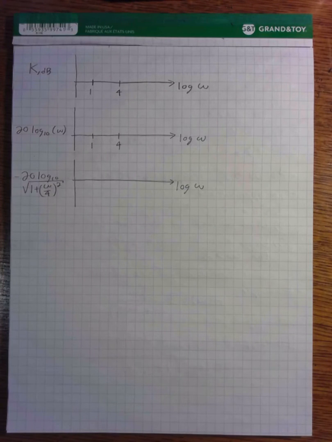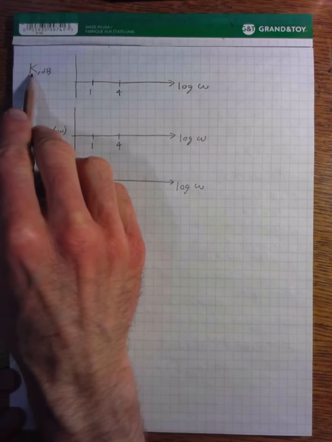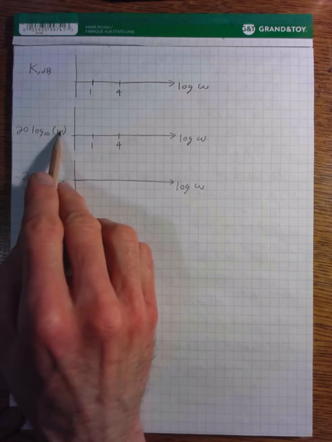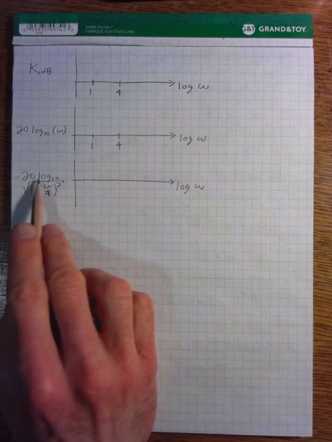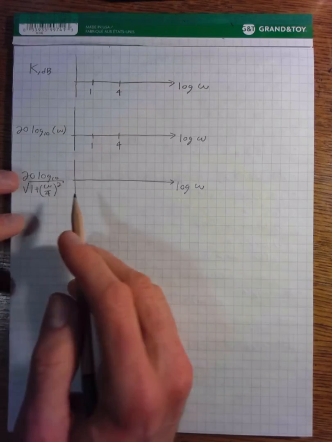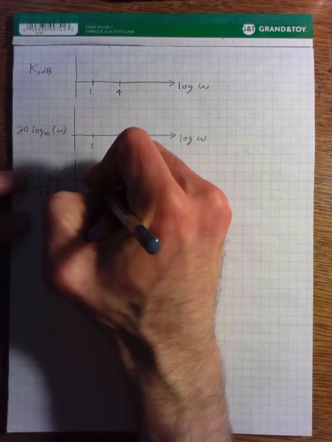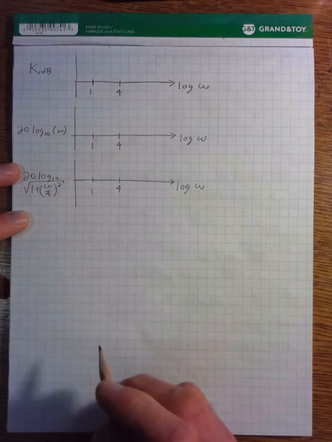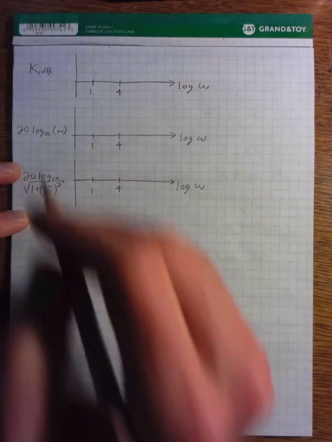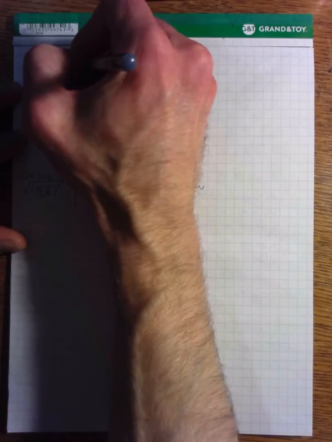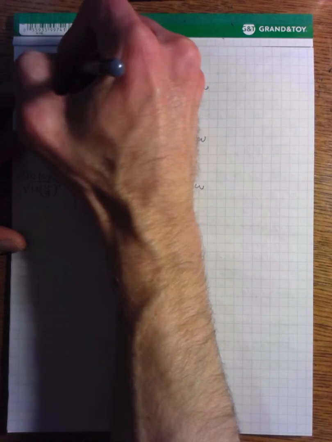Okay, so here we have three plots, and I'm going to put on the top plot the plot of K expressed in decibels. The middle one's going to have 20 log base 10 of omega, and the bottom one is going to have minus 20 log base 10 of 1 plus omega over 4 squared. And on each plot, I've located the frequency of 1 and also the frequency of 4, because those are both going to be important. When we express 3 in decibels, we get a value equal to 9.5 dB.